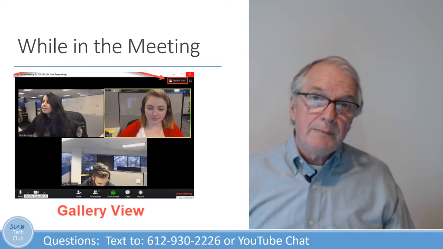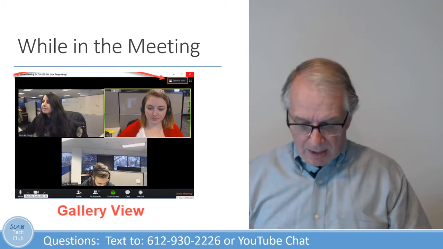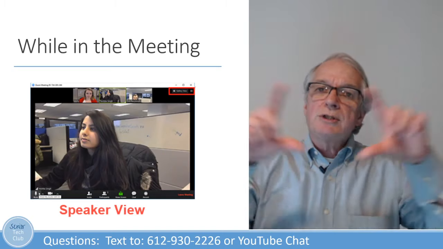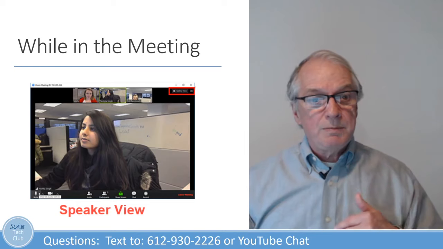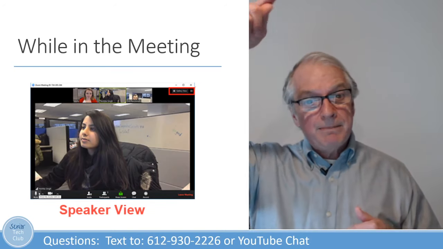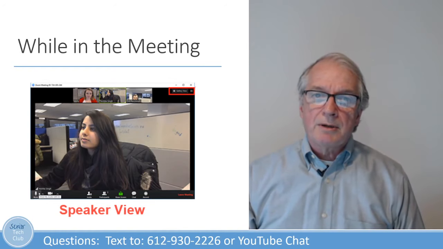So if you had a meeting with 5 participants, you would see 5 images. If you go back to the other speaker view, here you see one primary. By the way, this one switches depending upon who's speaking. So if one of the people up on top starts to speak, they will flip down to the lower part of the screen.